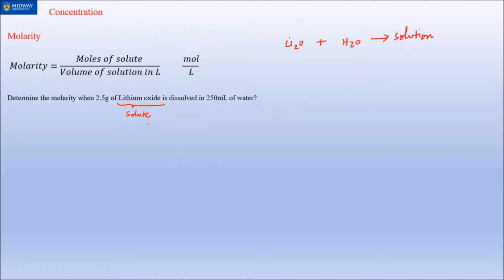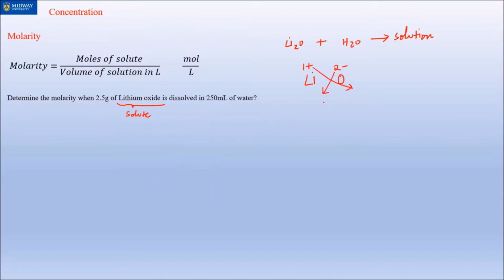All right. So first thing is you got to figure out the moles of the solute, which means first you got to convert this to a formula. I've already given you that, but lithium is an alkali metal, so it's 1 and it's plus because it's a metal. And oxygen is 6, so 8 minus 6 is 2, and it's a non-metal.